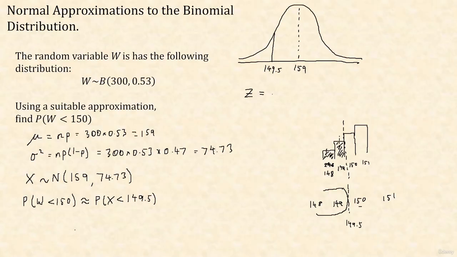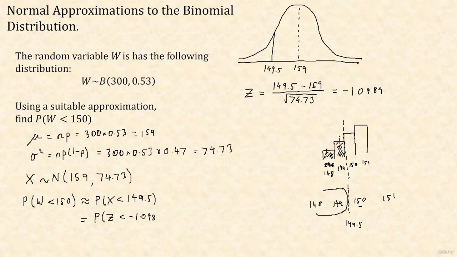Z is going to be equal to 149.5 minus 159, divided by the standard deviation, which is the square root of the variance, so the square root of 74.73, which is minus 1.0989.